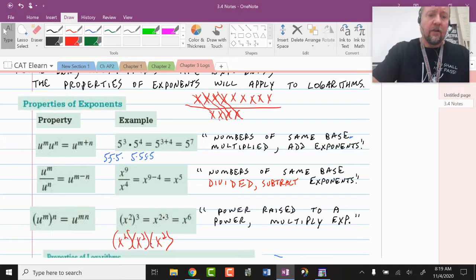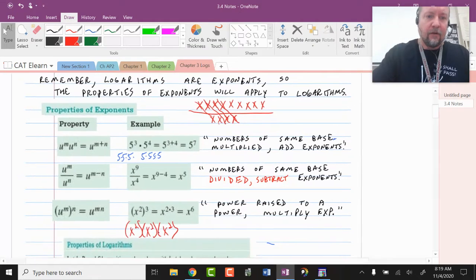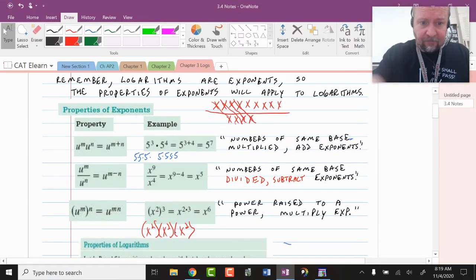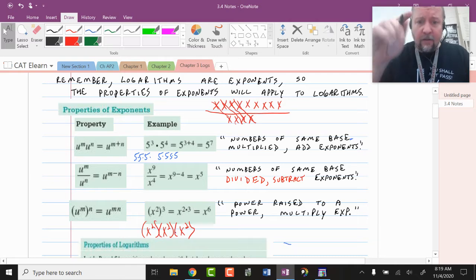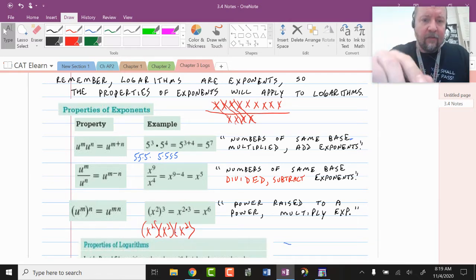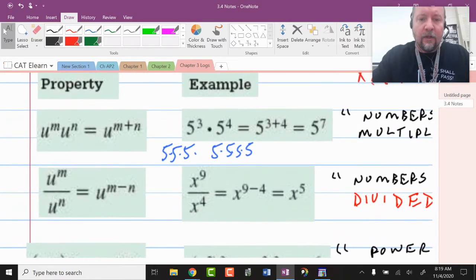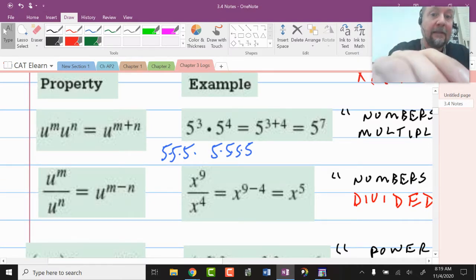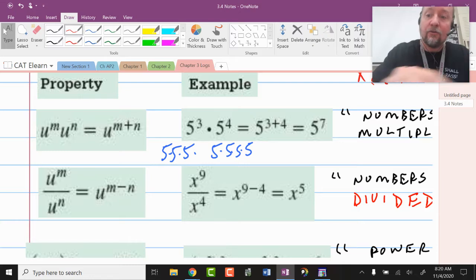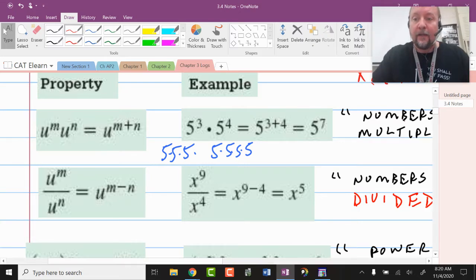So here are a couple that I have written down for the exponential side. Let's look at this first one. We know that when we take a product of two numbers of the same base, and that's what we really want to concentrate on in the writing to the right, numbers of the same base, when multiplied together, you add the exponents, right? And that shouldn't be a big deal.